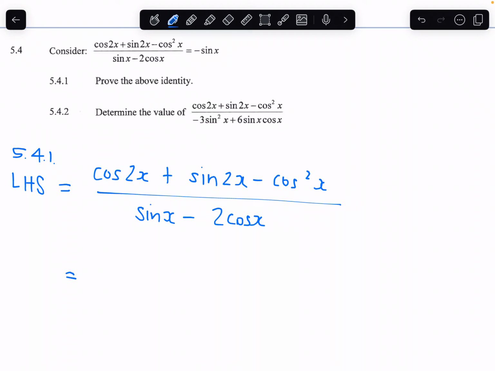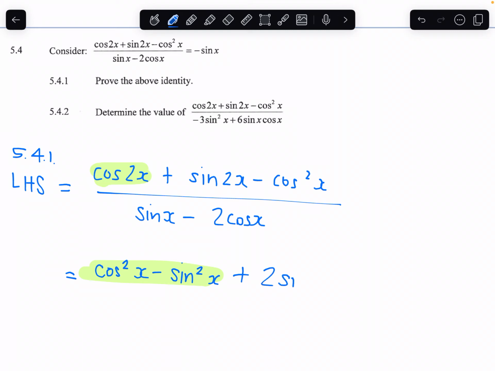So I'm going to rewrite this guy using cos² x minus sin² x. That's me replacing this guy. The sin 2x, there's only one way to write that.